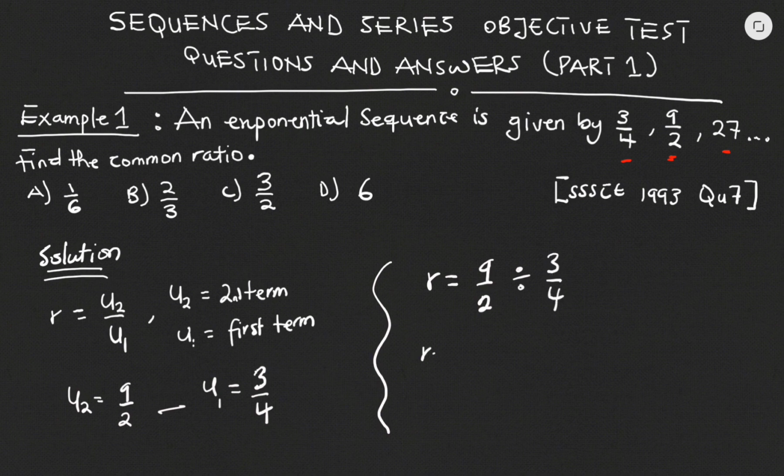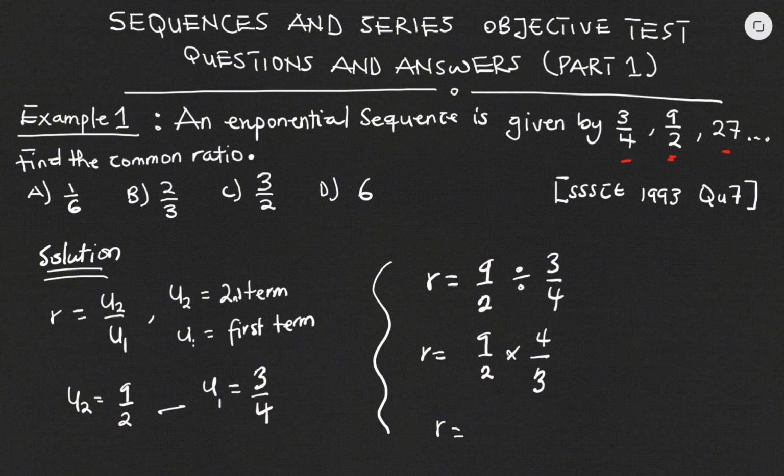So from here, finding my common ratio is very simple. I have my U2, which is 9/2, divided by U1, which is 3/4. All we have to do is simplify this. We reciprocate 3/4 and change the division sign to multiplication, so I have 9/2 multiplied by 4/3.